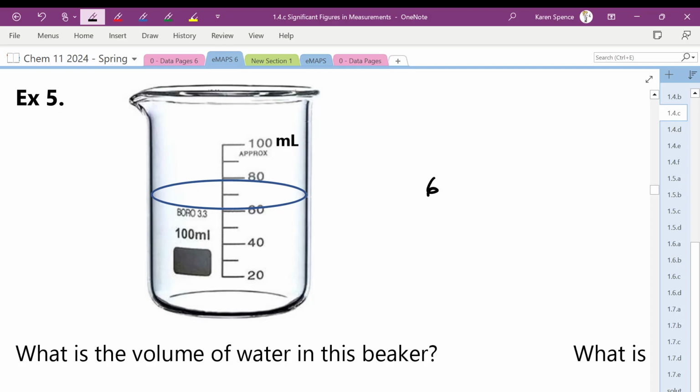Can we all agree it's 60 something? 60 how much do you think? 61?